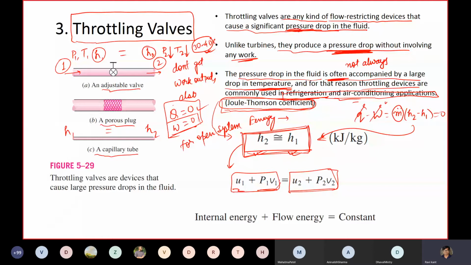It means that if your flow work decreases, your internal energy increases, and if your flow work increases, your internal energy decreases, right? So it works in that way.